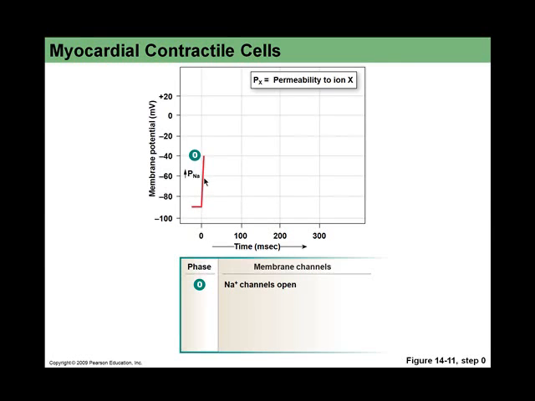So as the permeability of sodium increases, remember your Goldman equation, we're going to add calcium to our Goldman equation in this particular case for the cardiac myocytes. So we have sodium, potassium, and calcium as key players now. So we're going to see the sodium permeability changing, and as it does, we get a sodium influx.